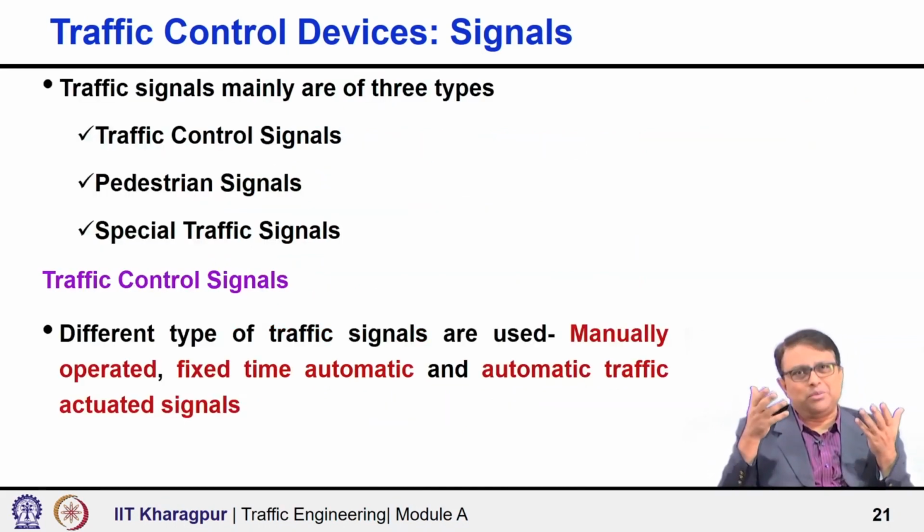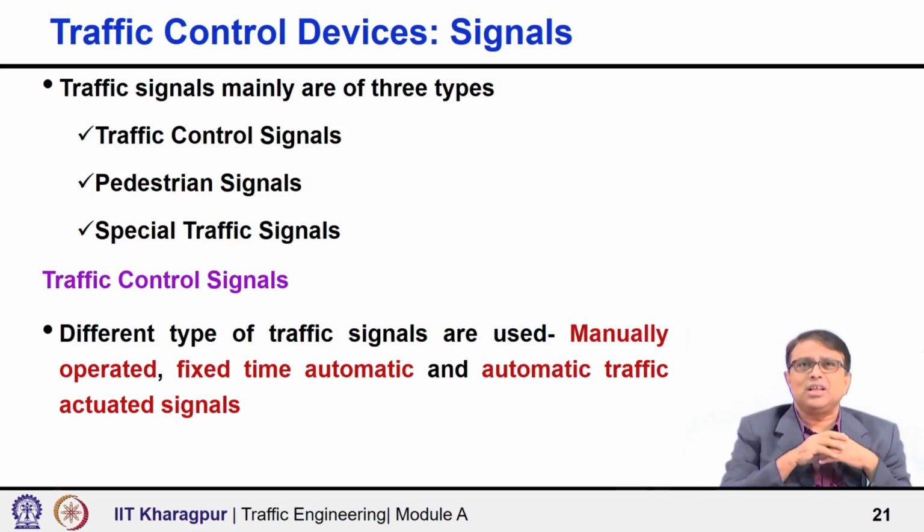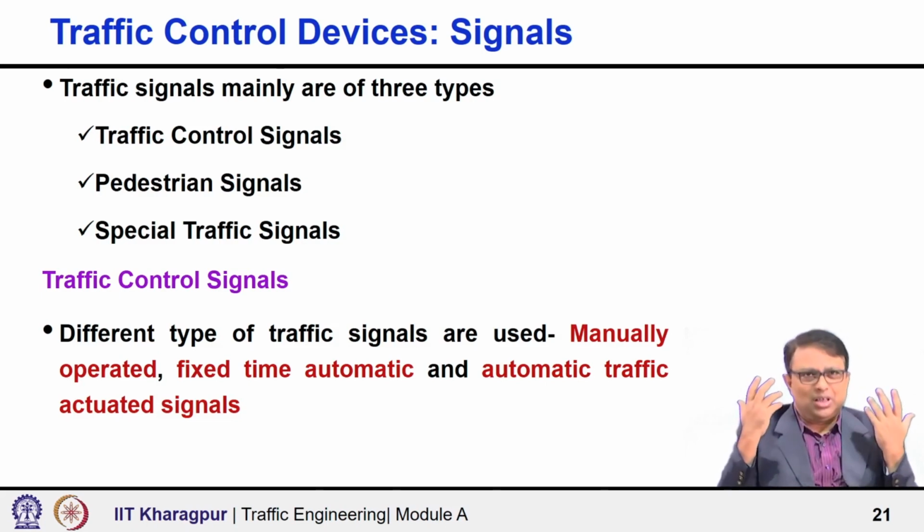Traffic signals are primarily of three types: traffic control signals, purely for traffic control purposes, to eliminate conflicting motorized vehicle movements; second, pedestrian signals, to regulate pedestrian movement and enhance their safety; and then certain special traffic signals. Traffic control signals could be manually operated, fixed time automatic, or fully automatic traffic actuated signals.